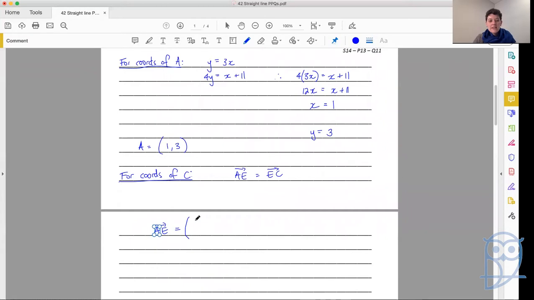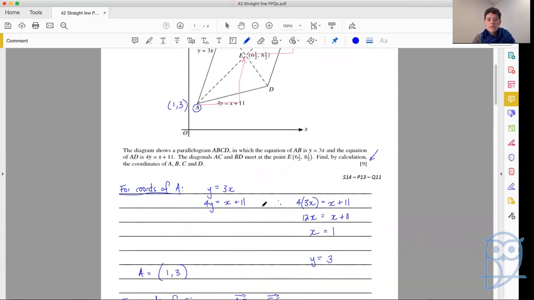So AE equals (5.5, 5.5). Decimal form is just easier when it's in a vector. So now for the coordinates of C, EC is exactly the same thing. So if we start from E and add on our vectors, then we're sorted. So E was (6.5, 8.5).